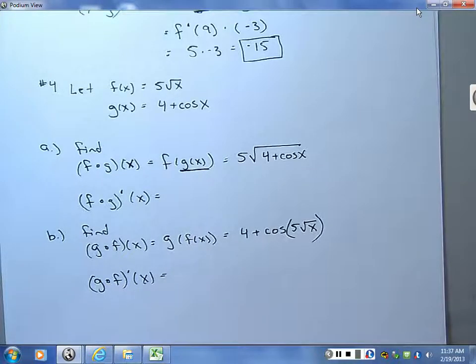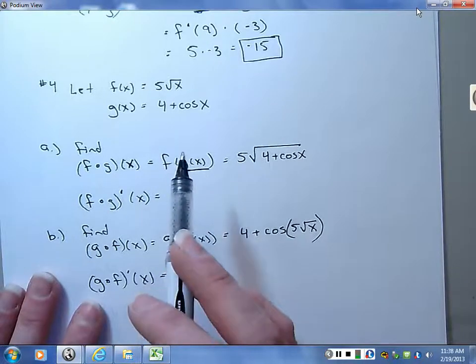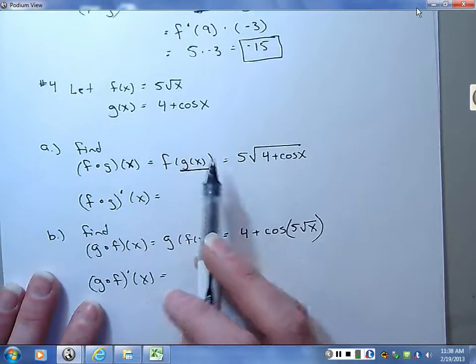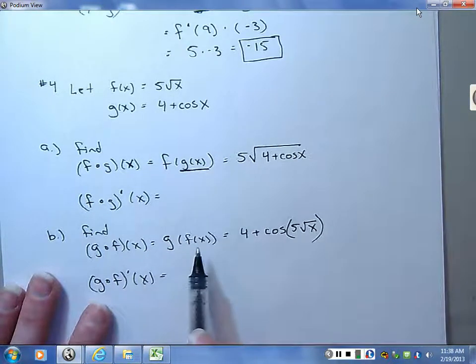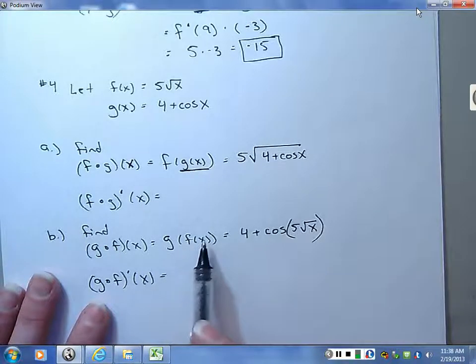So basically, the x is a placeholder. With f of g of x, everywhere I have the placeholder x in my original f function, I replace that with my g of x function. The same thing down here, except my outside function is g of x, so everywhere I have a variable in g of x, I replace it with the whole f of x function.